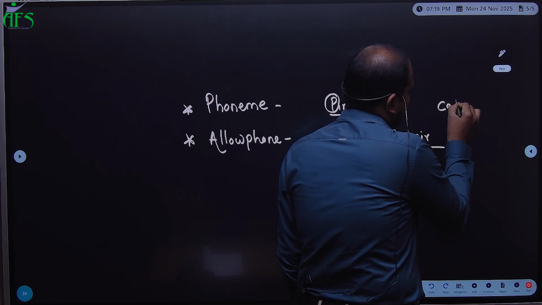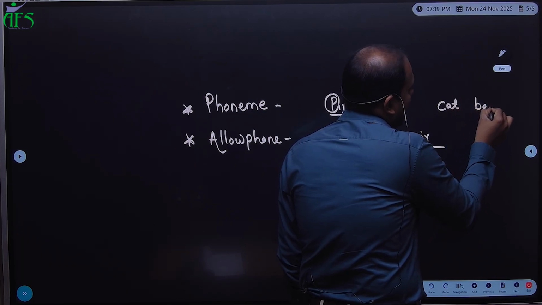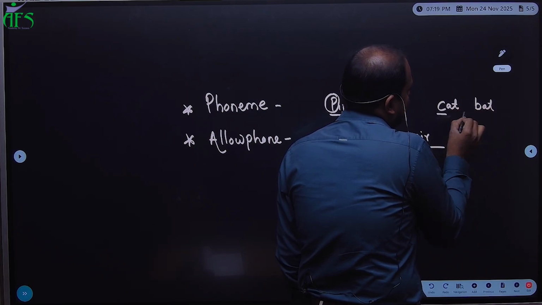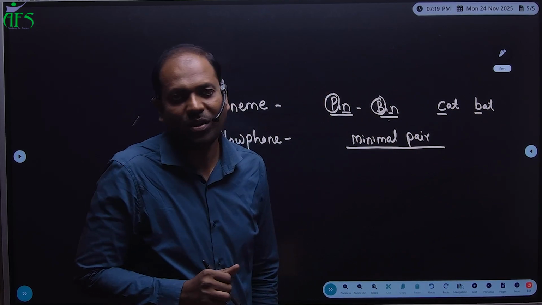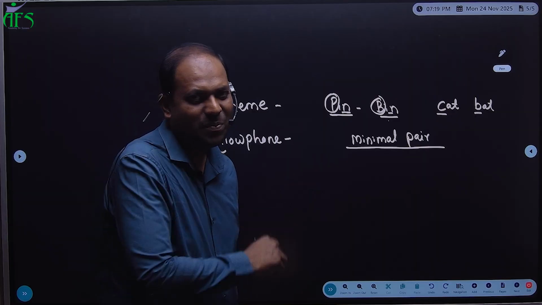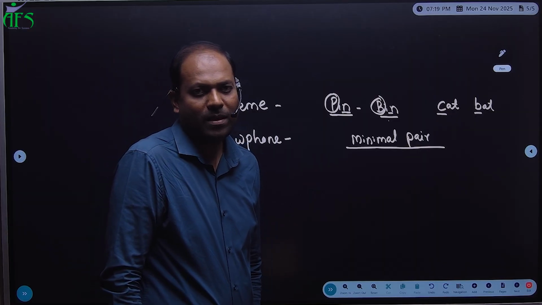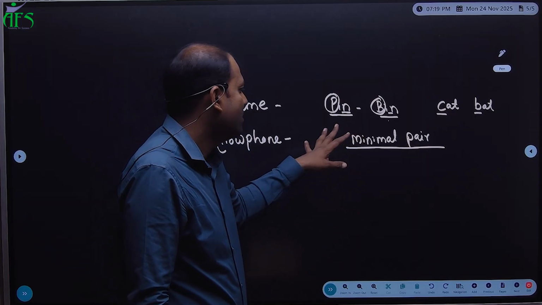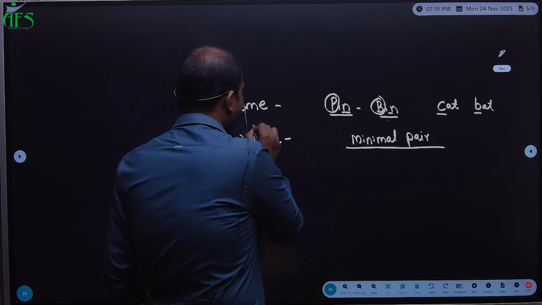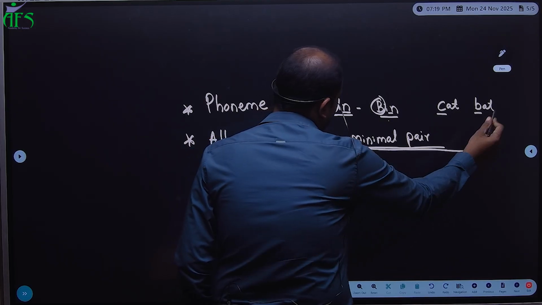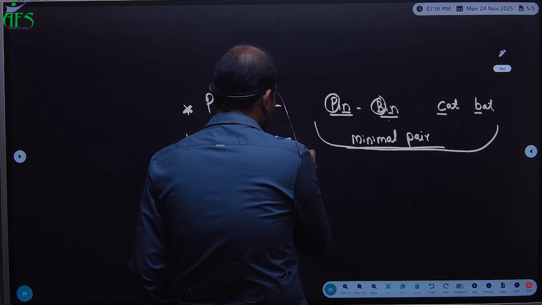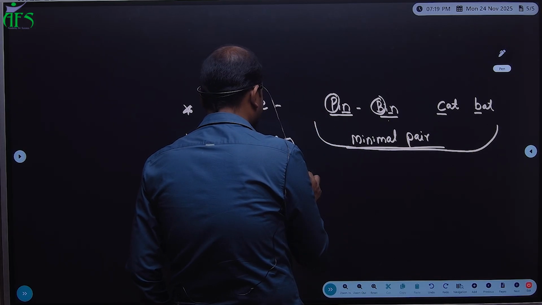Cat, bat. K has been replaced by the sound B. Minimal pair. Got it? So this, under the phoneme, is called a minimal pair.